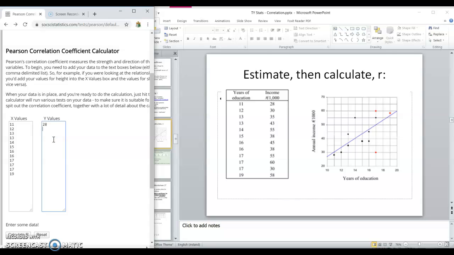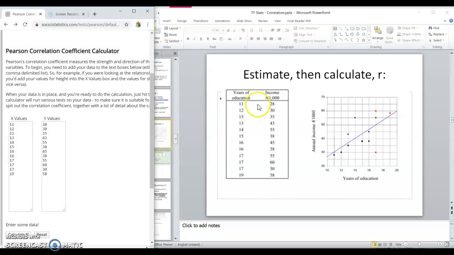Y values then: 28, 30, 35, 43, 55, 38, 45, 38, 55, 60, 30, 58. While you can put whichever one you want in X or Y, they do need to be in the correct order. So the 11 goes with the 28, the 12 goes with the 30, the 19 goes with the 58. So they need to be entered in the correct order in your boxes.